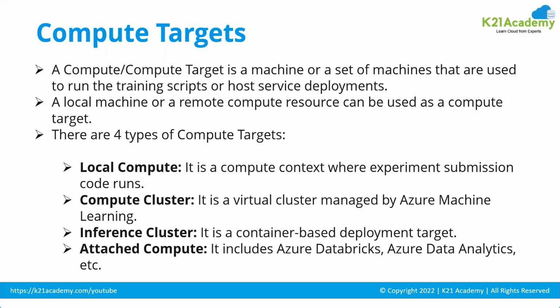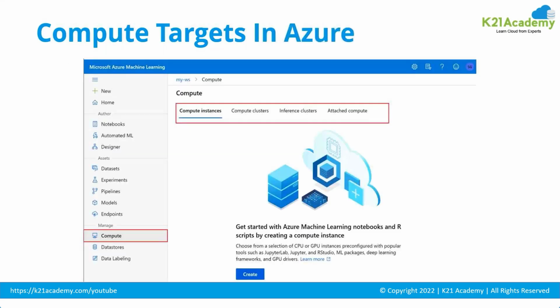Can you bring that and attach it to your machine learning workspace? The answer is yes. And the way to do it is using the attached compute, right? So you can bring from Azure Databricks. Azure Databricks again is a cloud analytics platform, and you have an engine that runs to process your data and so on. All right.